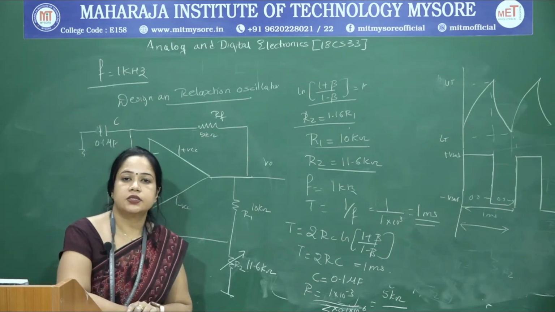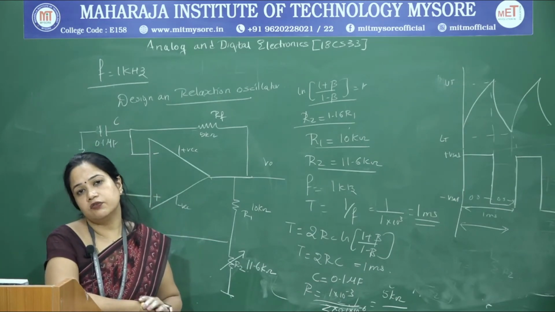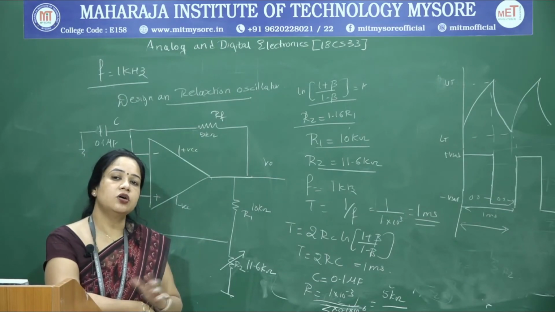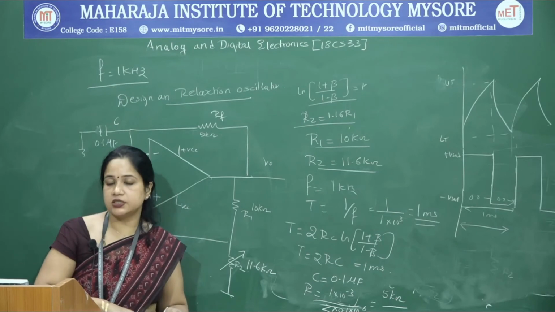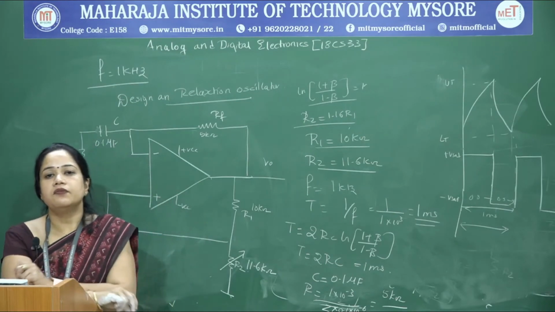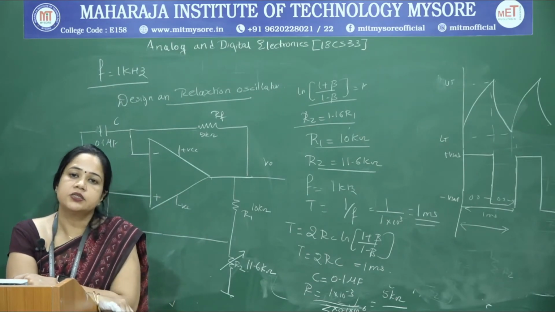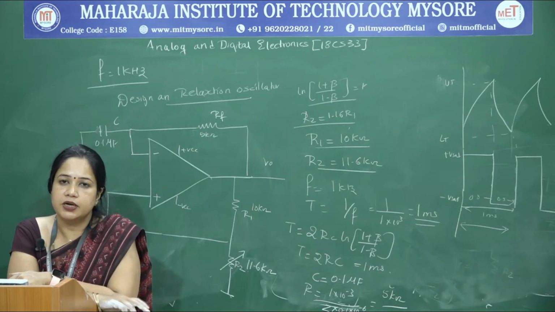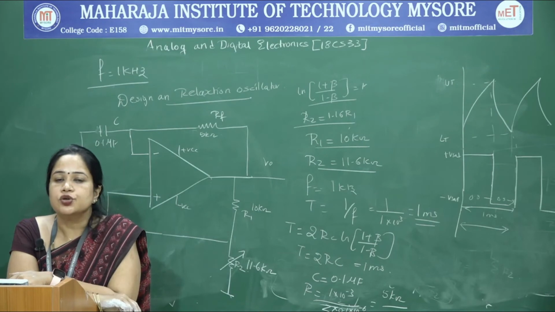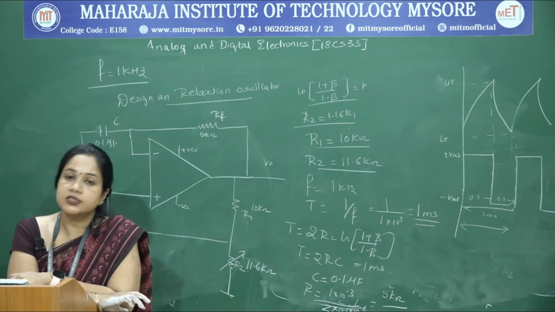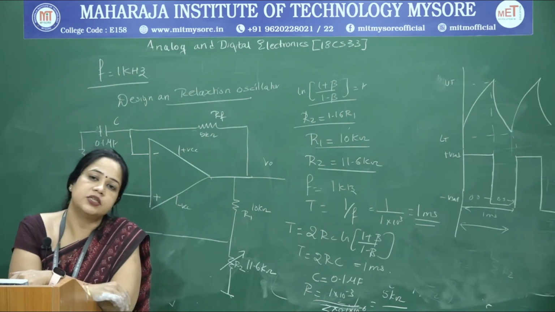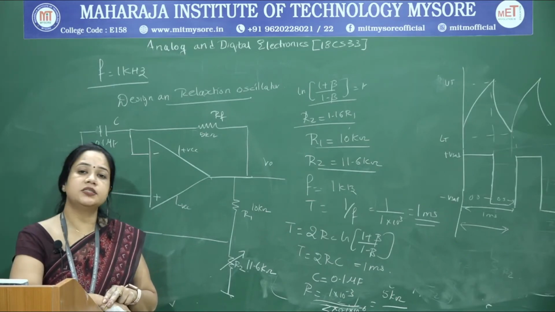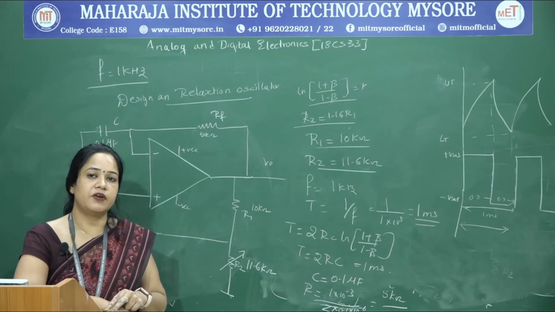A multivibrator is a circuit with regenerative feedback that produces a pulsed output. Based on the number of stable states the output has, we have 3 types of multivibrators: an astable multivibrator, a monostable multivibrator, and a bistable multivibrator. A popularly used IC for generating these various timing signals is the IC 555 timer.